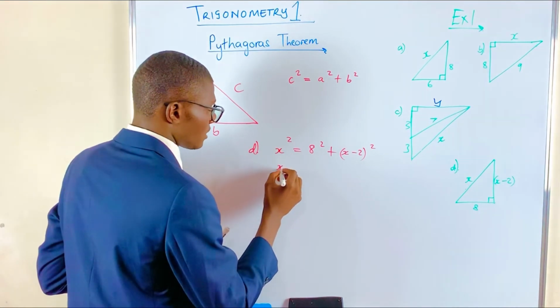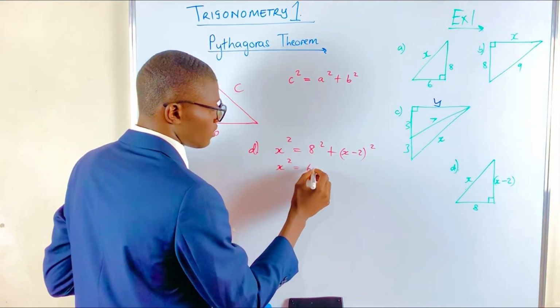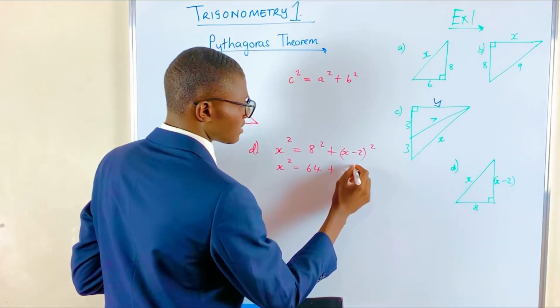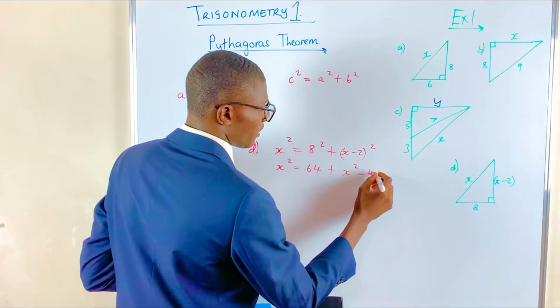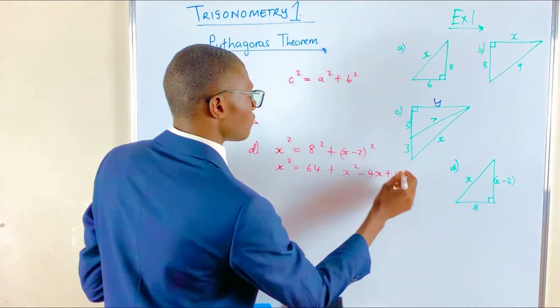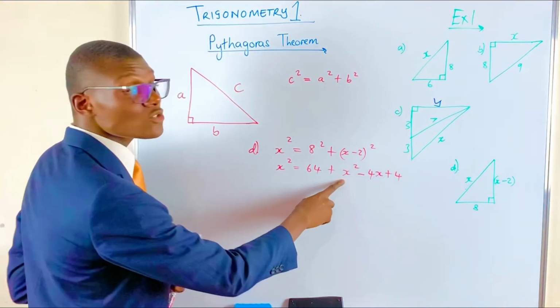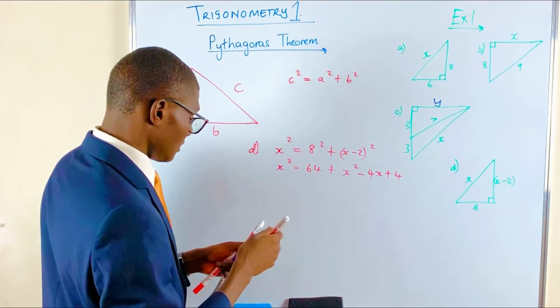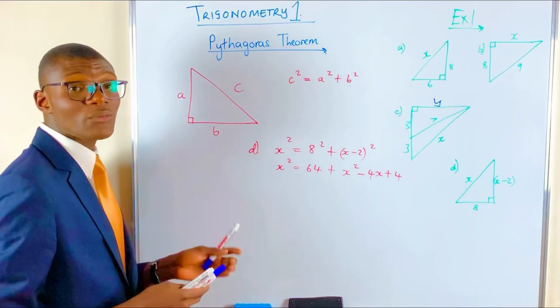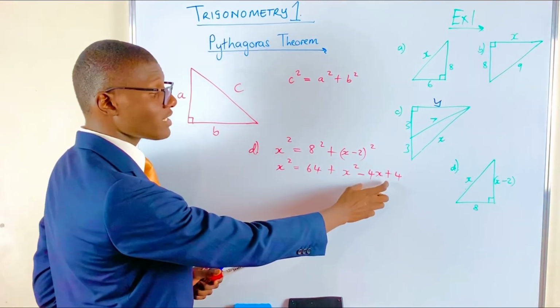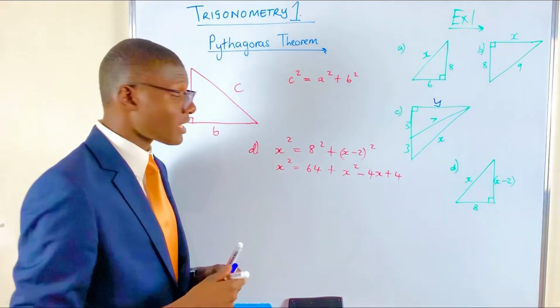So x squared is equal to 64 plus, if we expand this, we'll get x squared minus 4x plus 4, like that. And then this x squared, if we take it to that side, it will subtract with that, and then we get a 0. And then as well, we can take the minus 4x to that side, and it becomes positive.